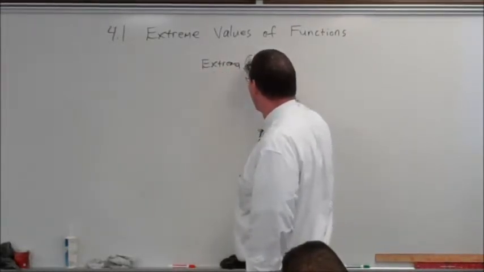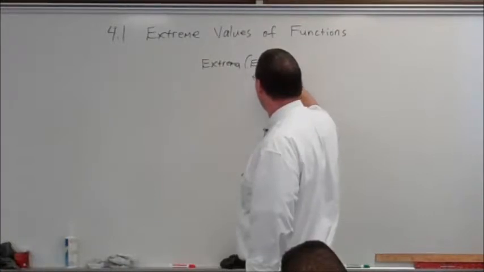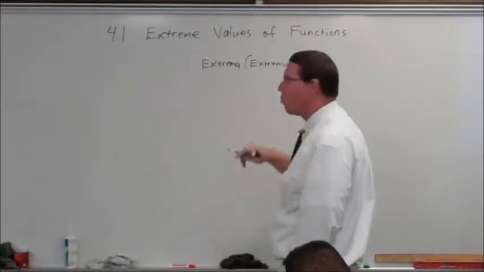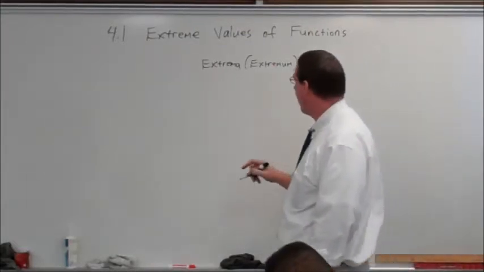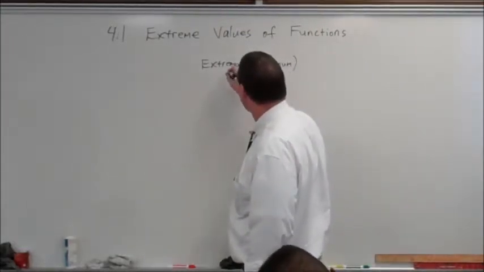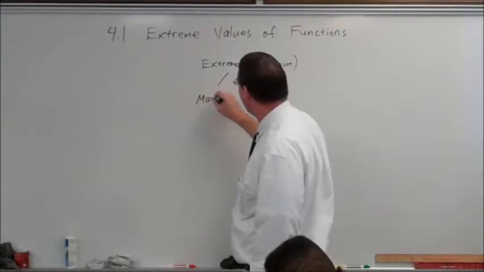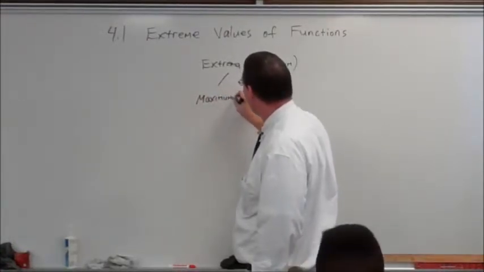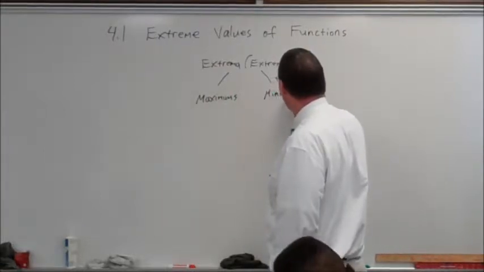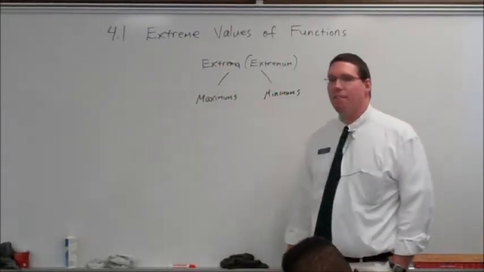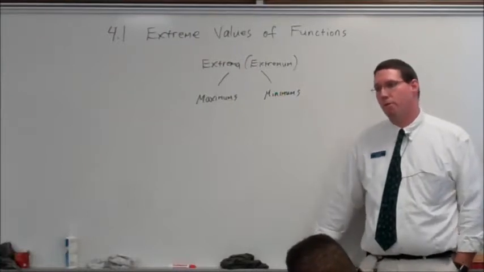Its singular is extremum. That is one extrema, or one extremum. These are often understood to be maximums and minimums. So what we're talking about here is identifying the maximum points and the minimum points on a function.